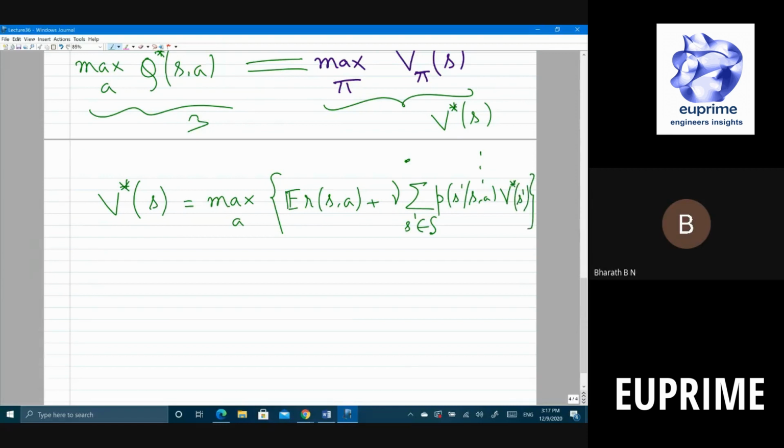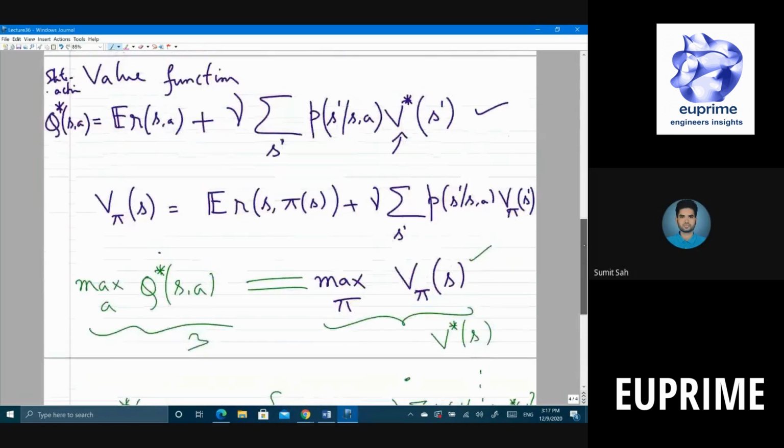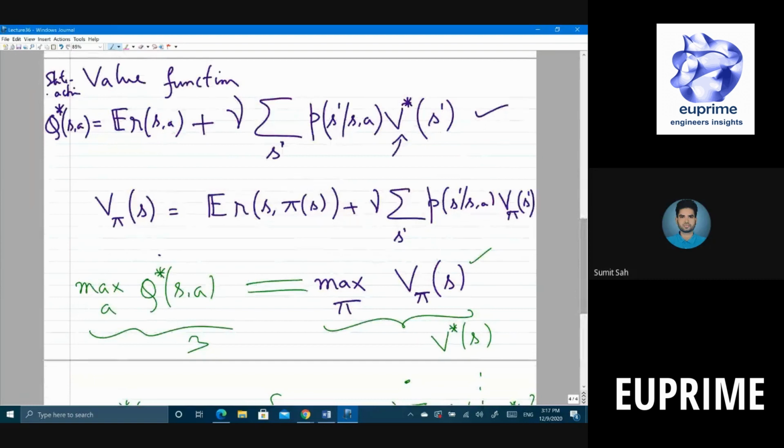Yes, go ahead, Sumit. In the Q, sir, you have taken the summation over S dash, and this A here is the optimal action, no, sir? In Q star of S, A, this is any action here.